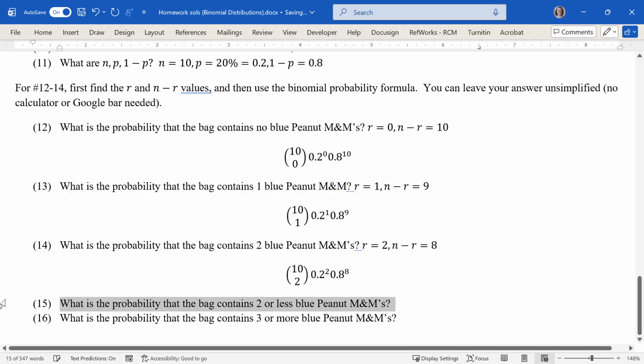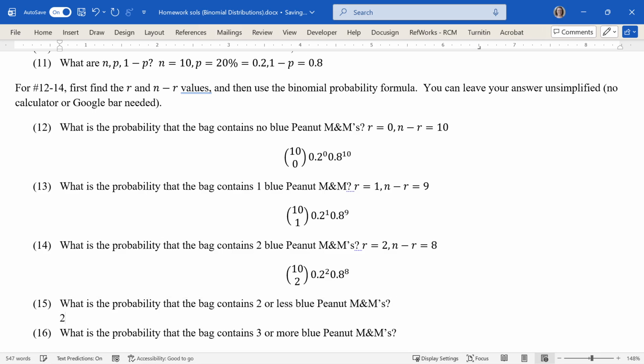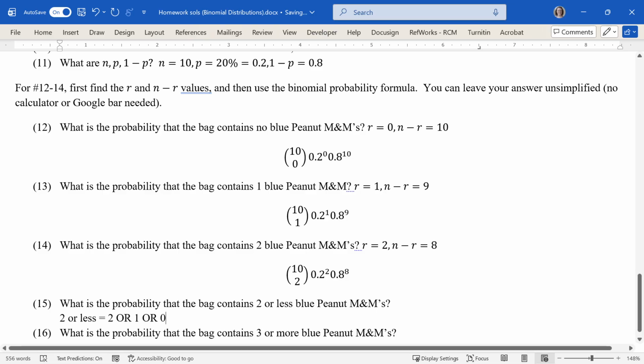Now, what is the probability that the bag contains 2 or less blue peanut M&Ms? So 2 or less, you have to interpret that as meaning 2 or 1 or 0. And once you realize this is an or event that you're trying to find the probability of, and that these are mutually exclusive ways for the event to happen, you have to have either 2 or 1, you cannot have both, or 0, you cannot have both.